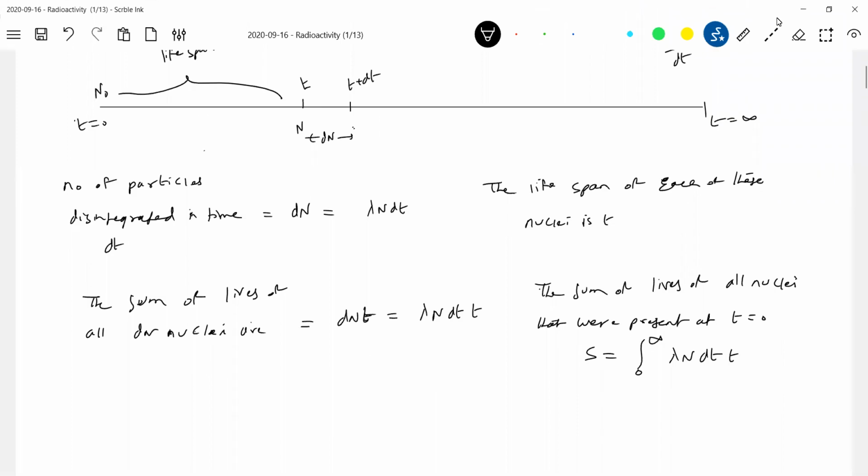What is the average life? The symbol is t average. This should be the sum of the lifespans of all the nuclei divided by the total number of nuclei. So average life is equal to the sum of lifespan by N naught.